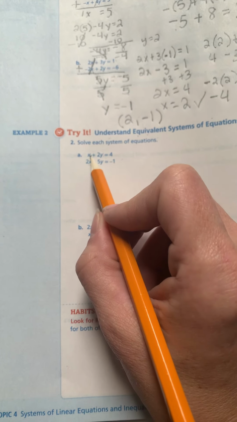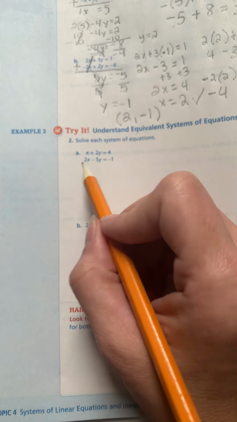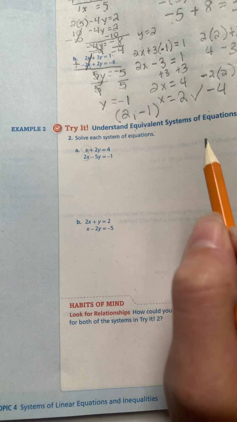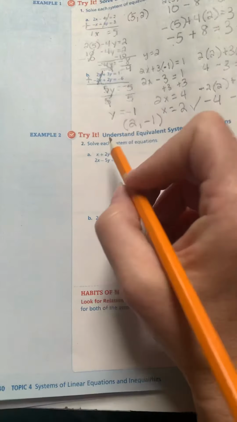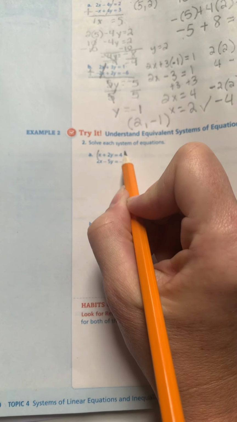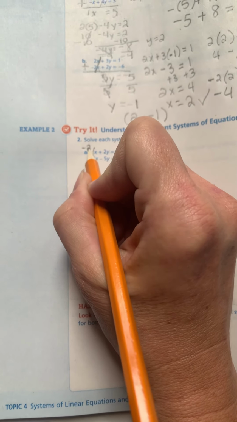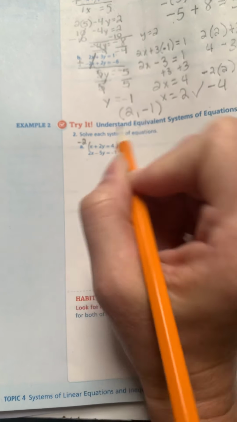And I can multiply this one by negative 2. And that'll give me negative 2x here and a positive 2x here. And that would cancel out the x's so that I can solve the rest of it. So I'm going to take this whole equation, multiply it by negative 2, and I'm going to rewrite it underneath.